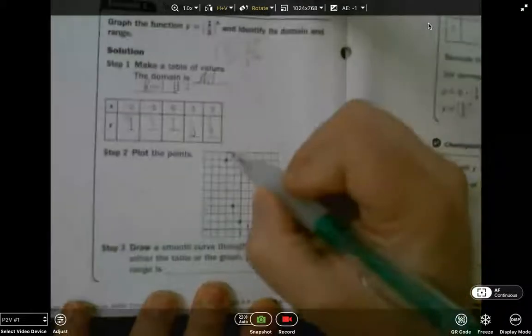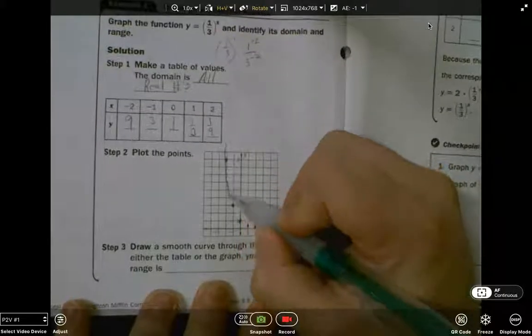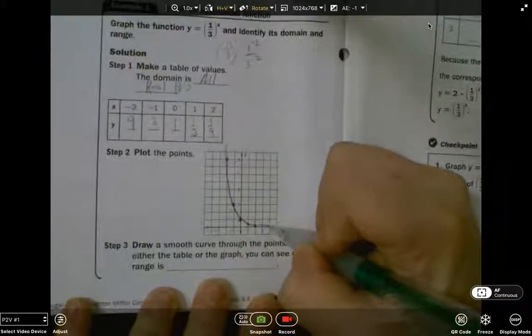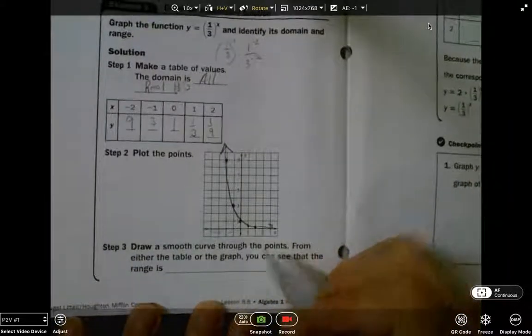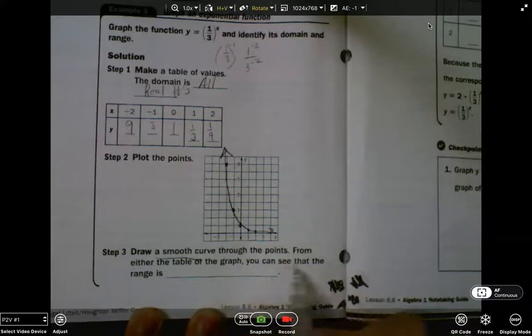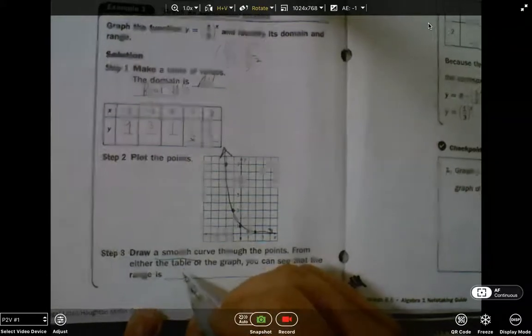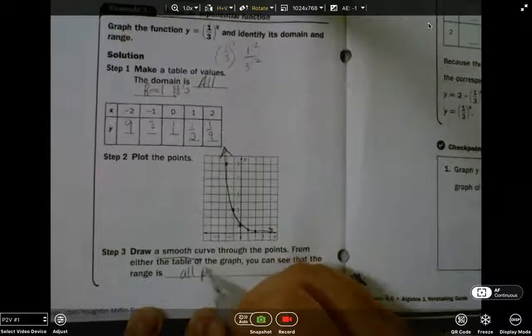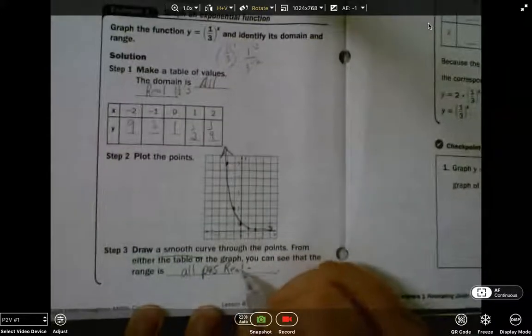All right, now we draw our smooth curve. That is your first example of a graph that has exponential decay. From either the table or the graph, you can see that the range is all positive reals. So that is example 1.